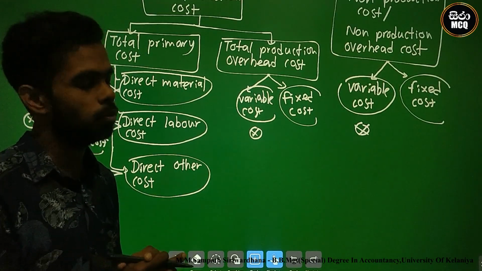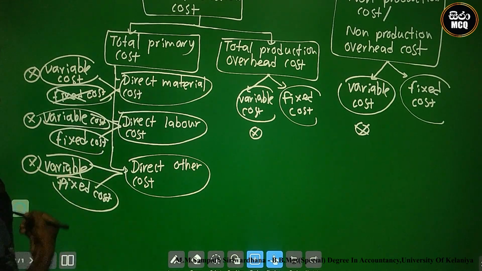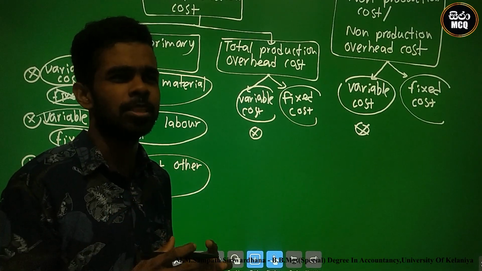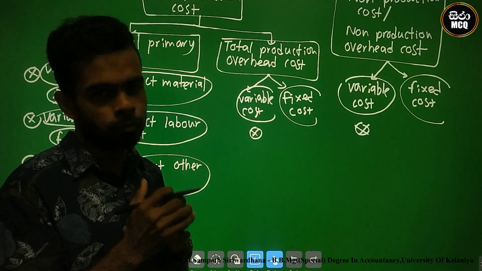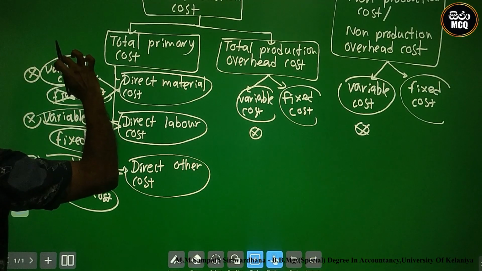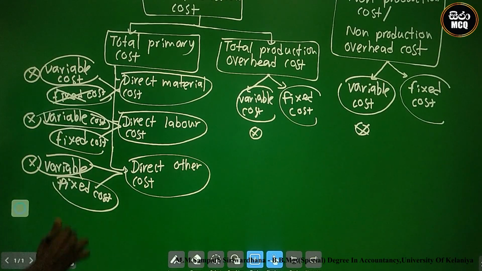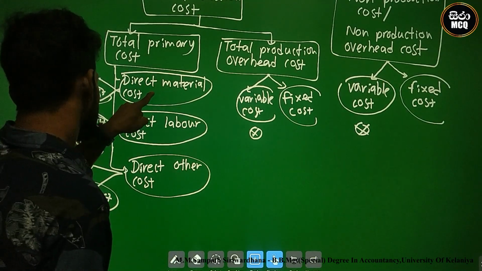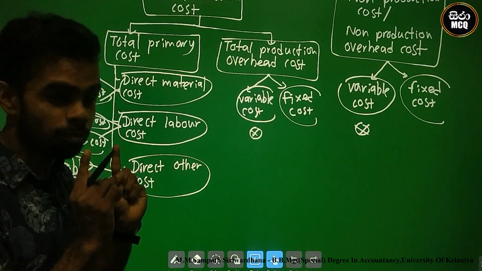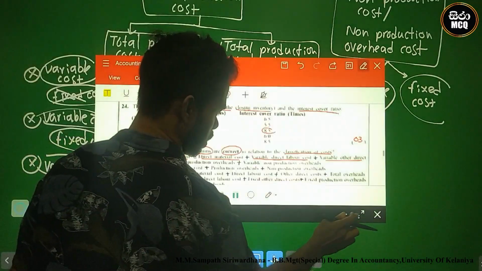Therefore, in the practical situation, we can eliminate the fixed cost of direct material. 99% of direct materials are variable cost. This is the correct one.